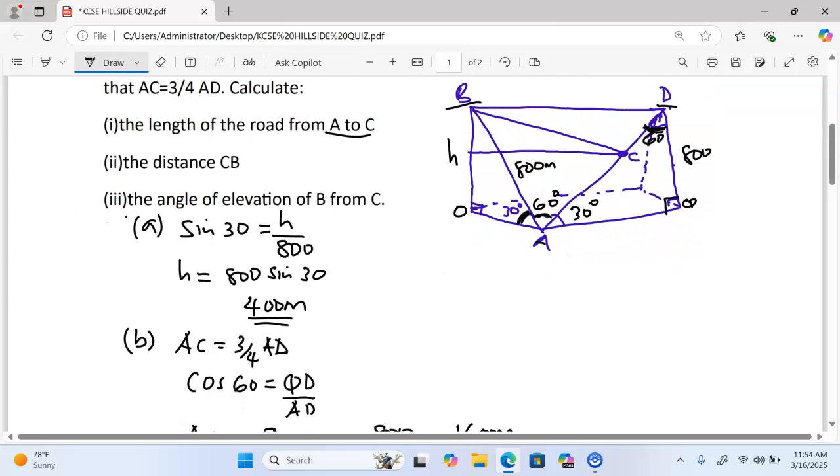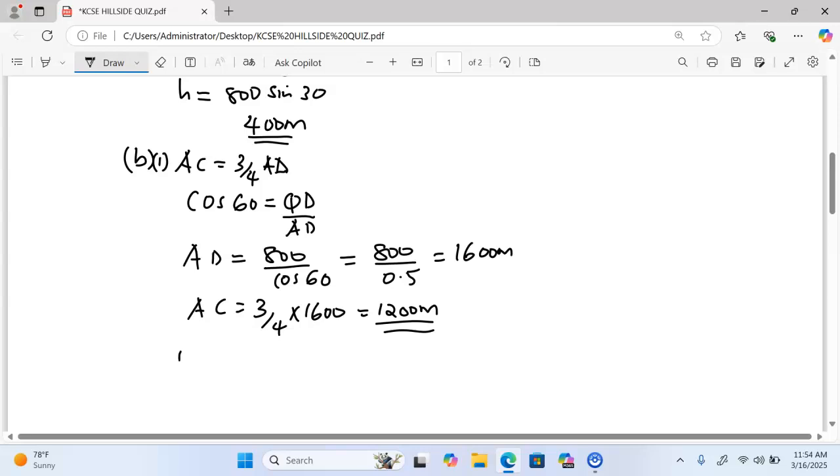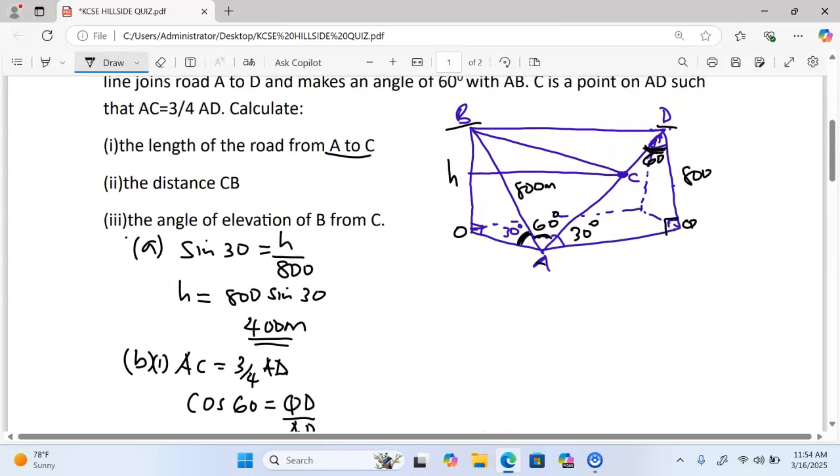I think this is part B, Roman 1. Then B Roman 2, we are supposed to calculate the distance CB. We have the point C, and this is where we have B. This one is now going to be very easy since we have all what we are looking for.